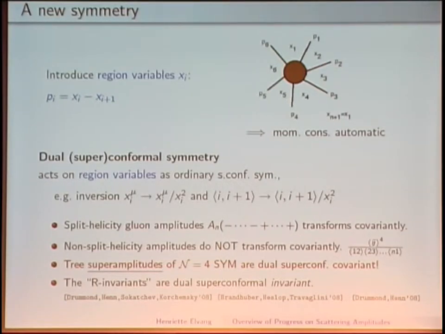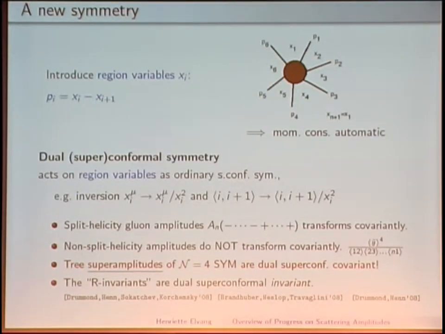And the spinor brackets I showed in the terms of the amplitude also transform in a simple way, provided that the two lines that go in are adjacent. If they're not adjacent, it doesn't transform in a nice way at all. So as a consequence, it turns out that the split helicity amplitudes, where all the gluons with negative helicity sit adjacently and the positive helicity sit by themselves also, transform covariantly under dual conformal transformations.